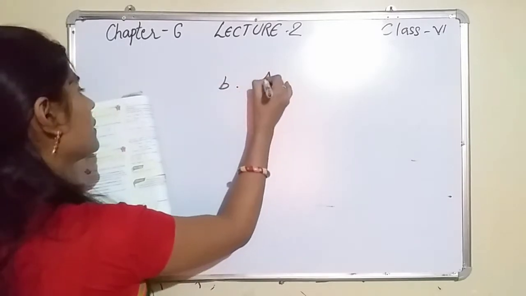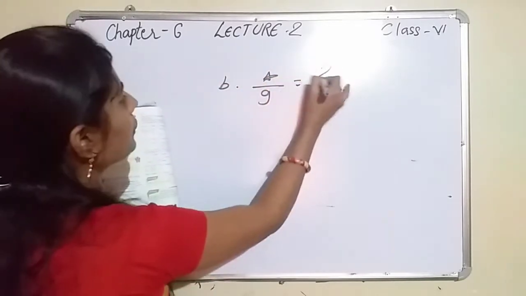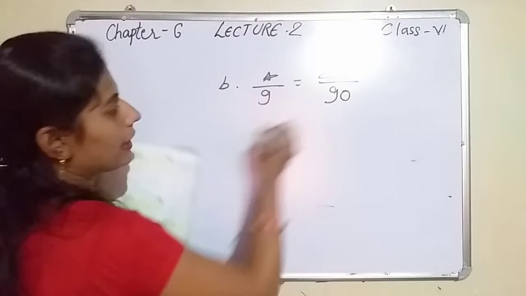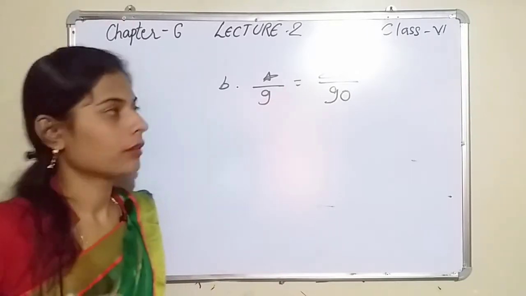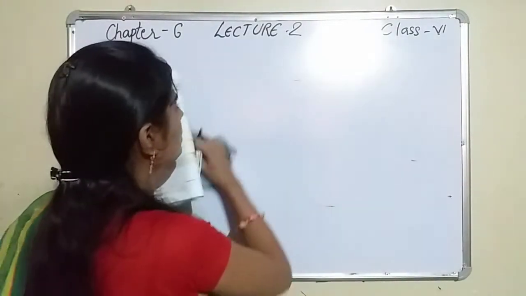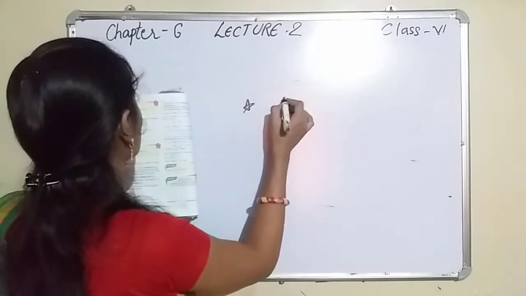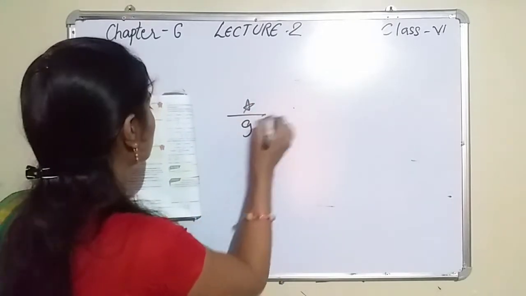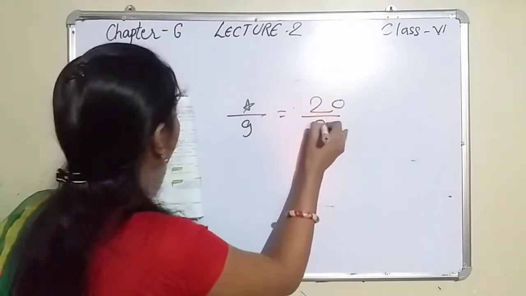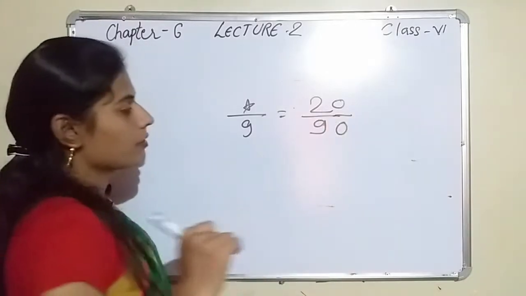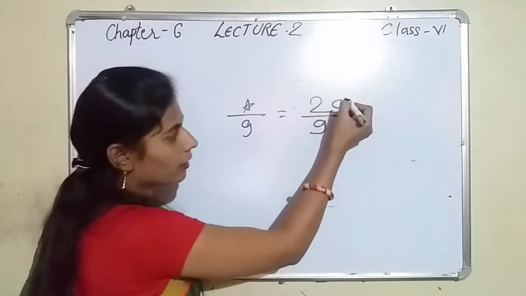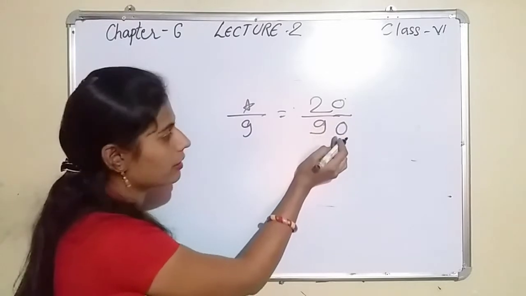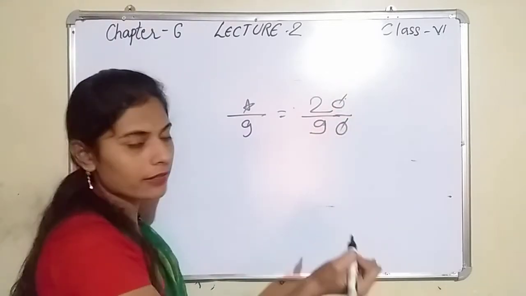B, star by 9 is equal to 20 divided by 90. So now see, when 0 is there here, and 0 here also, you can directly divide 0 by 0.